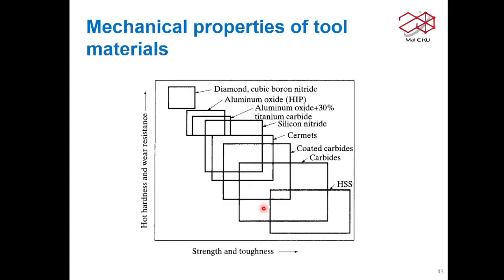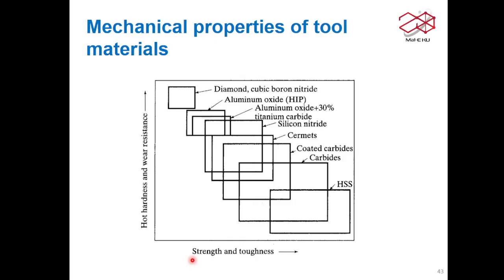for the material for the cutting tool, we need high strength and high toughness, but at the same time we need hardness and wear resistance, right? We need high strength because usually high strength material has higher hardness as well. If you want to cut something, you need to cut it with something that is harder, right?